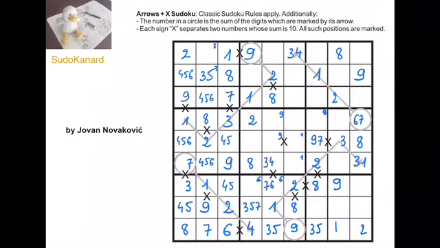So now we get a lot of information. We get a lot of eliminations. So this is a 7. This now becomes a 9. I get this 9 and this one. And here we have 4, 6, and 7. No, sorry, this 7 makes this a 6.